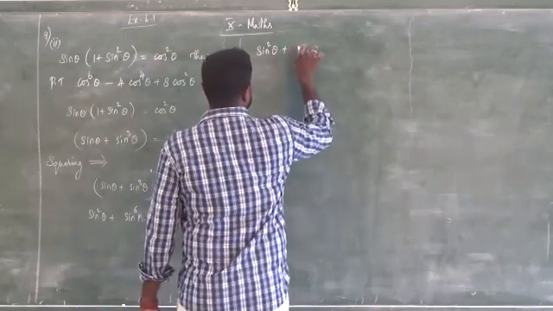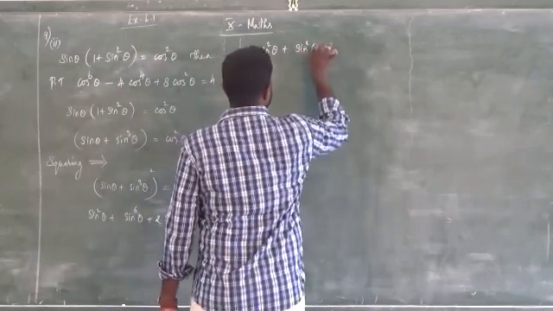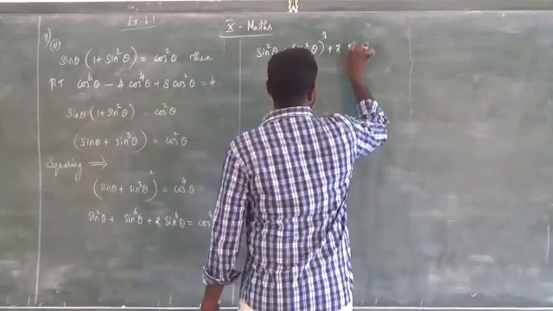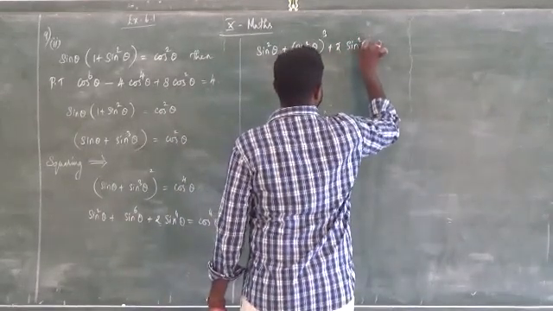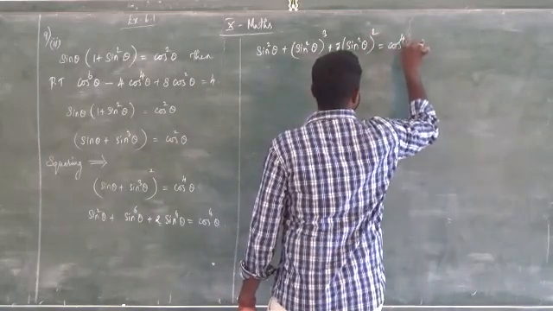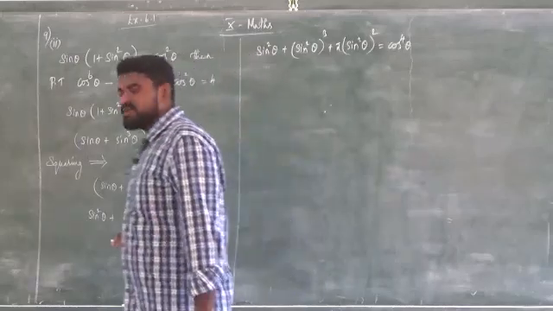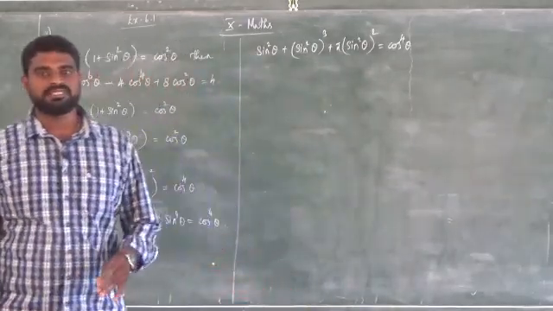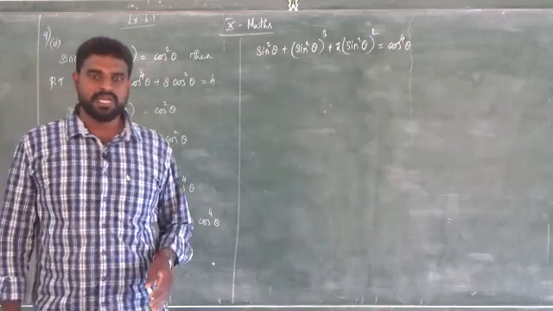So sin square theta plus sin square theta whole power 3, then 2 sin power 4 can be 2 sin square theta whole square, it is equal to cos power 4 theta. So we are going to write the LHS value in terms of sin square.